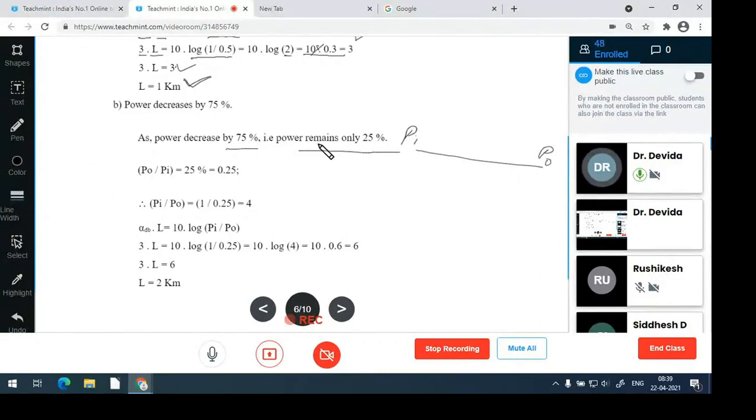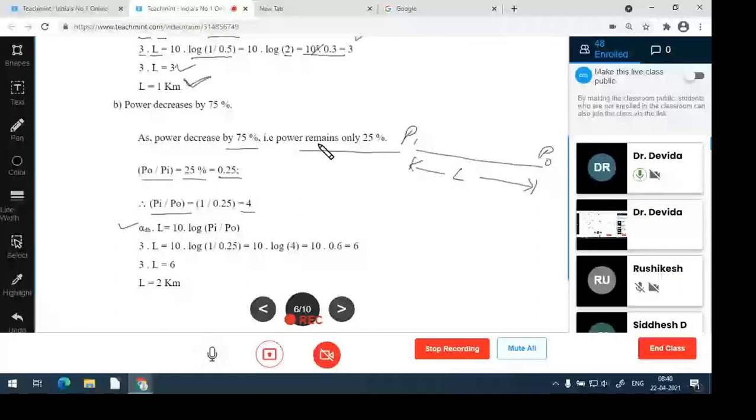Whatever is remaining will come as output power, and the length of the fiber will be L. We apply the formula again: PO upon PI is 25%. Therefore PI upon PO is 1 upon 0.25, that is 4.